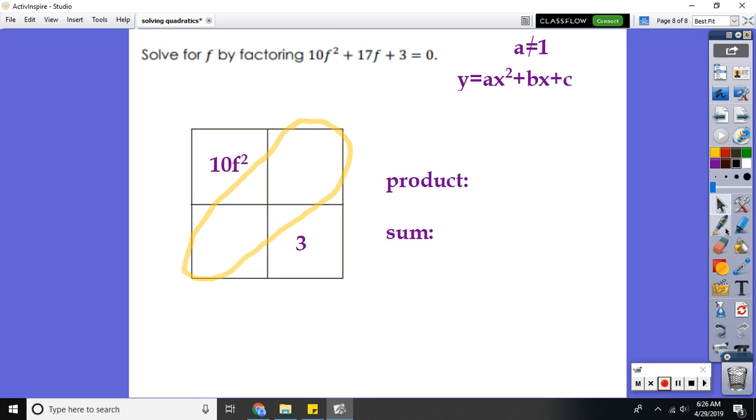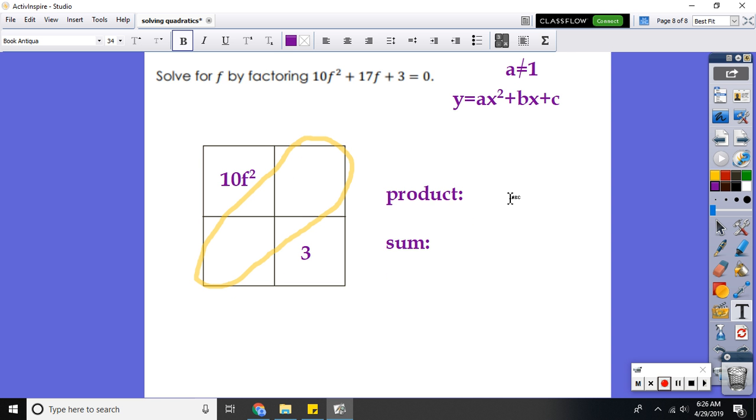The product would have to be the same as the product that I would get if I multiplied diagonally in the opposite direction. So whatever terms fill in these 2 empty boxes, when I multiply them, I should get the same product as when multiplying 10f squared times 3. And 10f squared times 3 would be 30f squared.